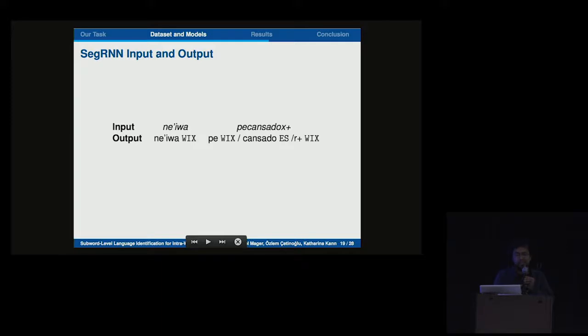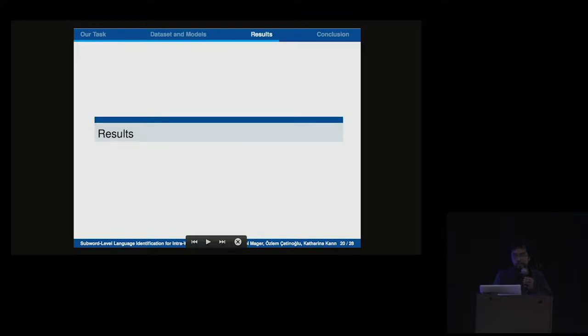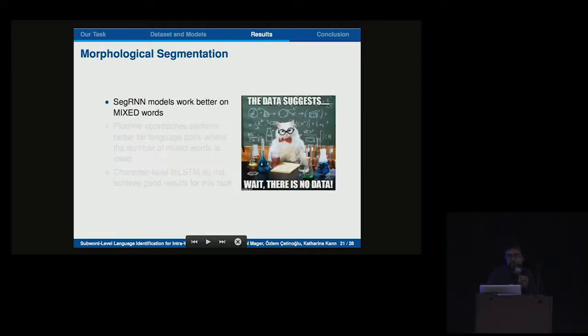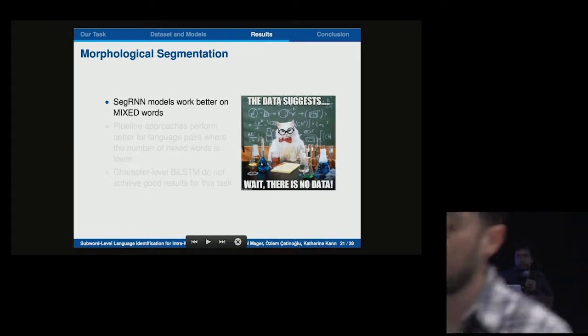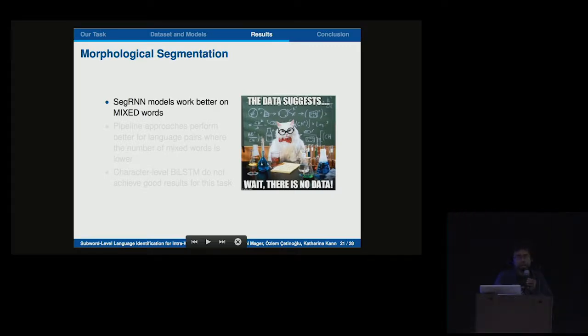So basically, it's an end-to-end approach, as we can see here, and it allows us to directly get the output we expect. Let's see some results from these experiments. First, we have that the segmental RNN models work better on mixed words.